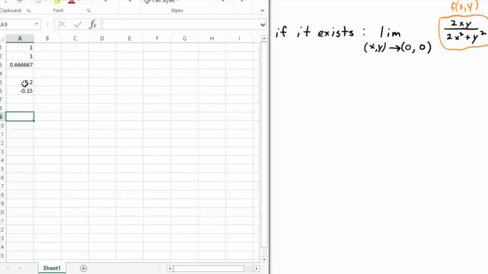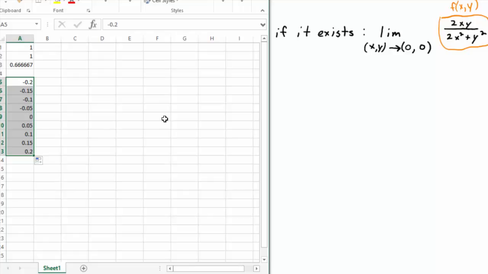There we go. Now, to extend this pattern out, do you guys know about this? Drag this corner down. So there's negative 0.1, negative 0.05, 0, and then I'll go all the way to 0.2. There we go. So those are going to be my x value inputs in the table, okay?